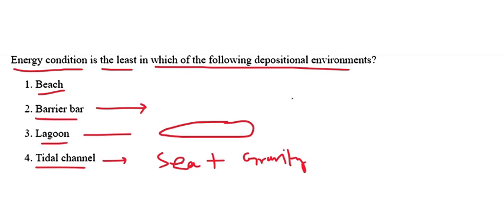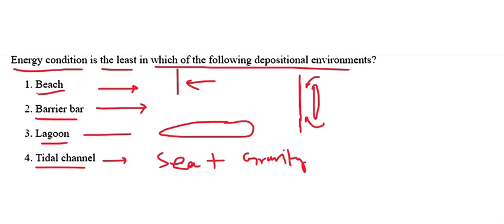Barrier bars: suppose this is our coast and we get a barrier in front of the coast, but sea influx is there. And in beach, direct influx of sea is there.